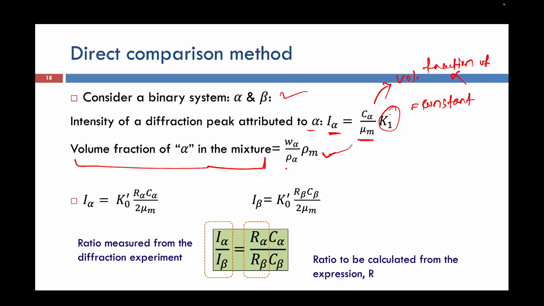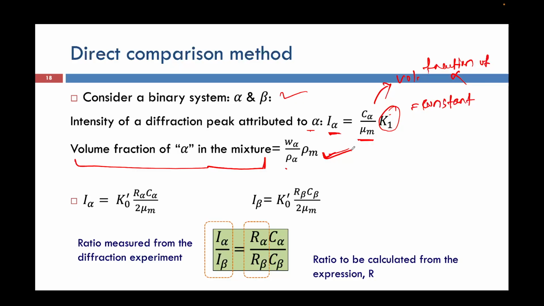You should know how these things are calculated. Now that alpha and beta are both present, the intensity of diffraction peak P corresponding to alpha will be different from that corresponding to beta.